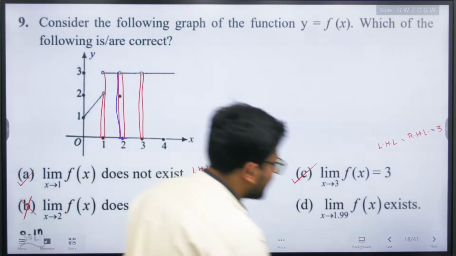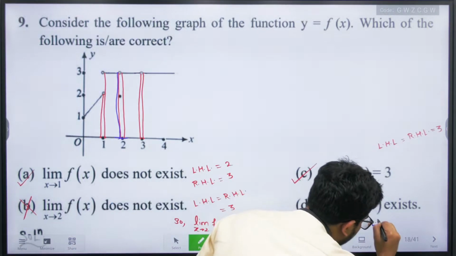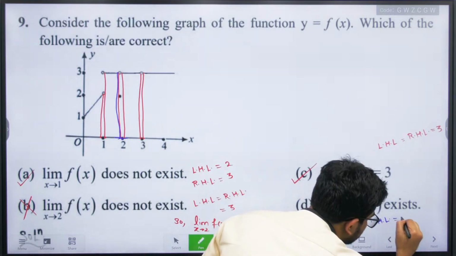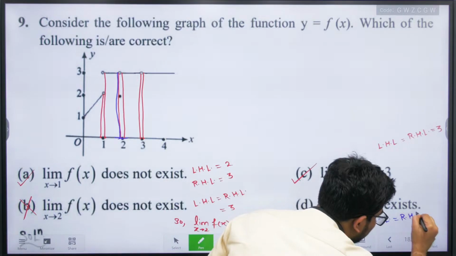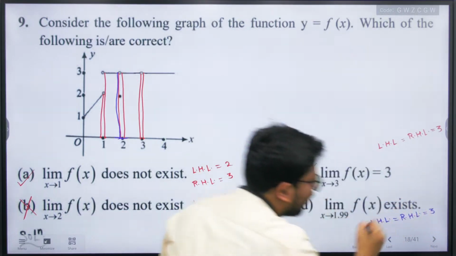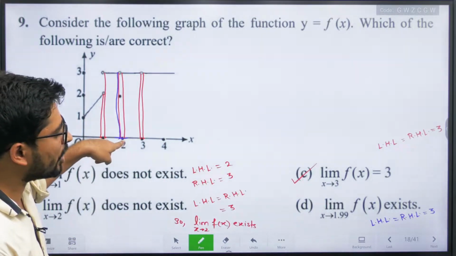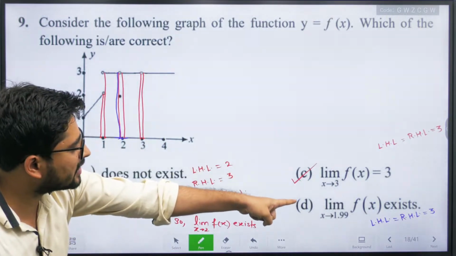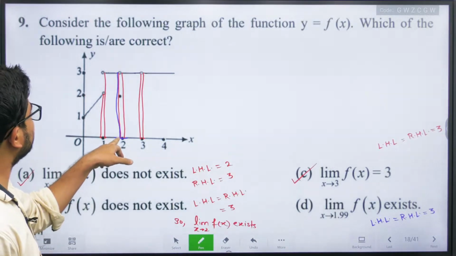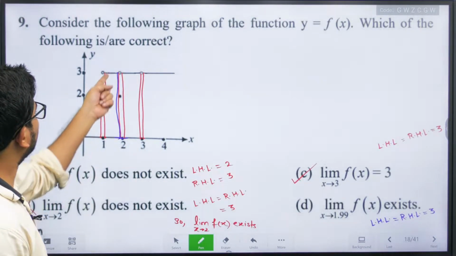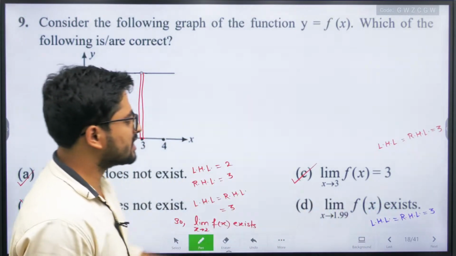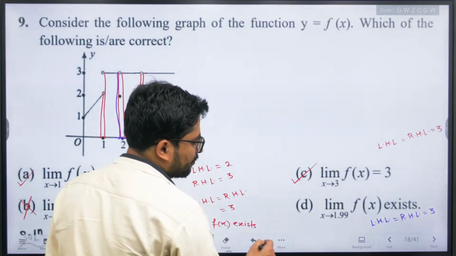So the left hand limit is equal to the right hand limit, both are 3, and the limit exists at x equal to 1.99.